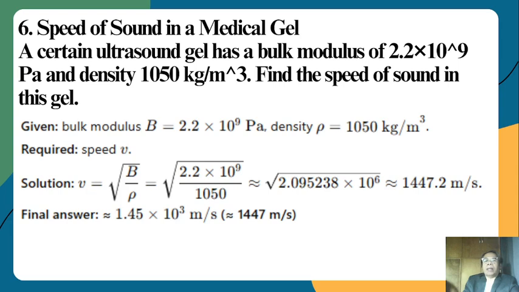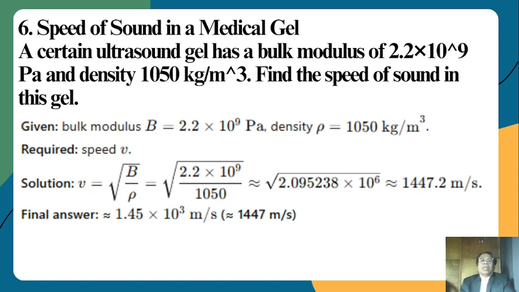Given bulk modulus B is equal to 2.2 times 10 to the 9 Pascal, and then density rho equal to 1050 kilograms per cubic meter. We are asked to obtain the speed v.